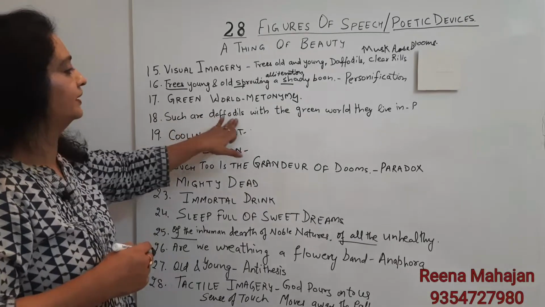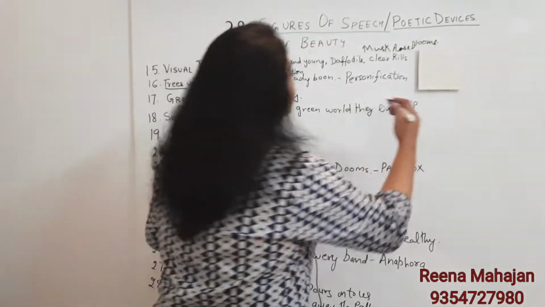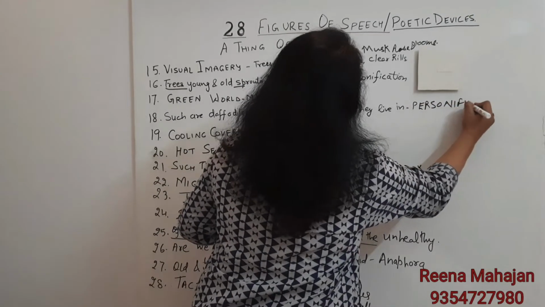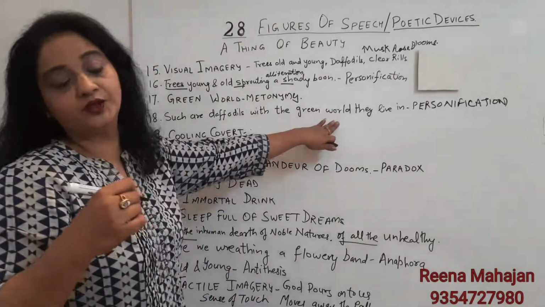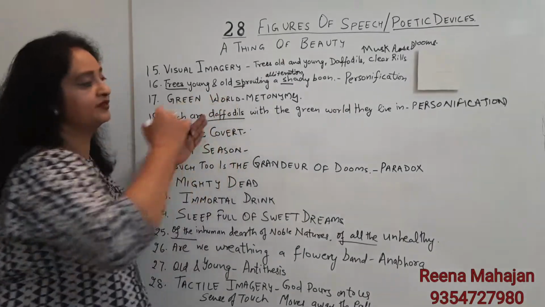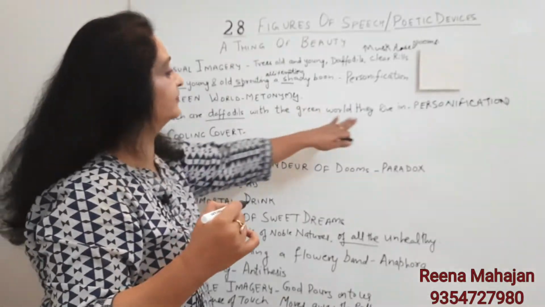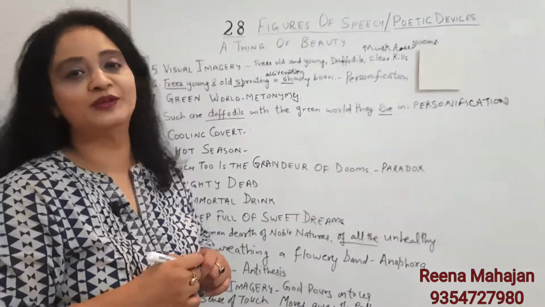18th is such are daffodils with the green world they live in. Personification here, as I have already told you, personification क्या होता है? Personification is living verb किसी non-living thing को देना. यहाँ पे daffodils are the flowers which have been given the verb live in, right? So who can live? Only a living thing.